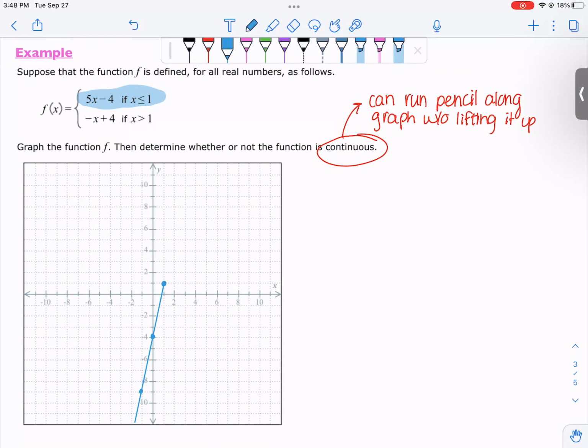Okay, so that's what that portion looks like. There is an underline here at 1, which means that we do have a closed circle.